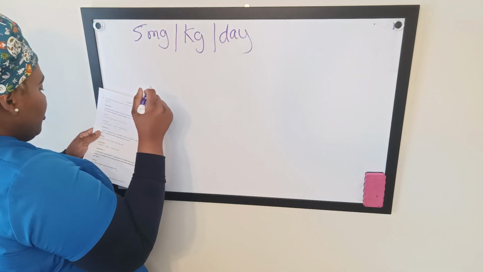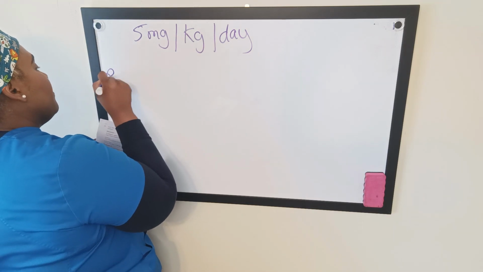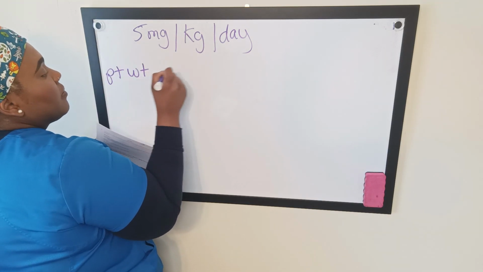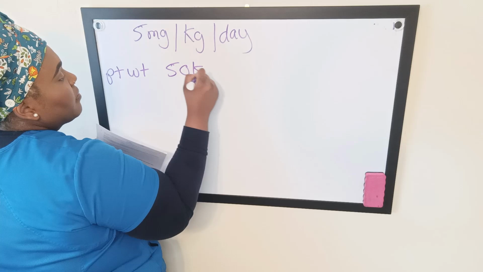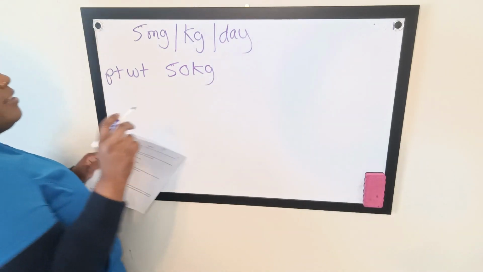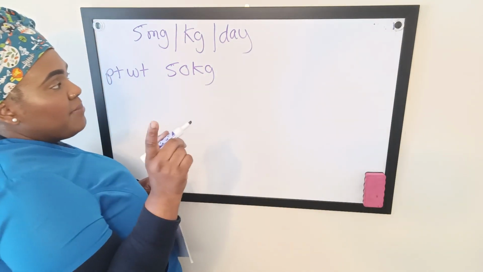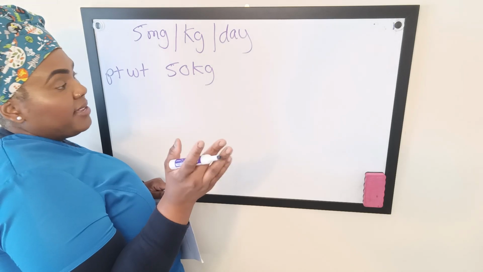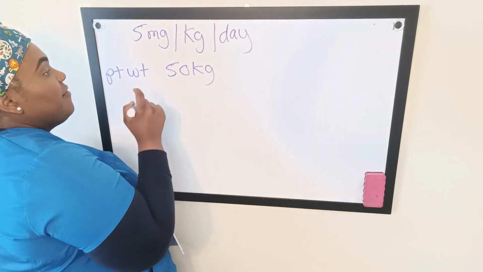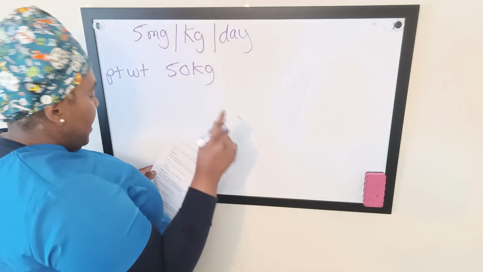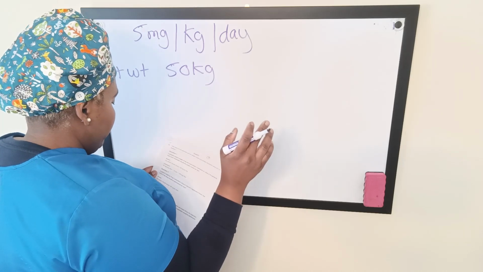Our patient weighs 50 kg. And we want to find out, when we divide it by 2, because it's going to be 2 times they get it for the day.